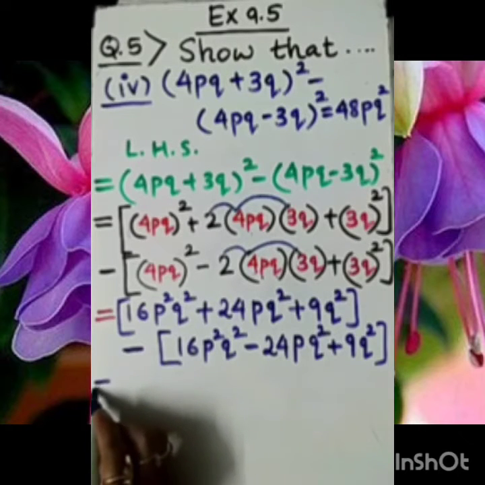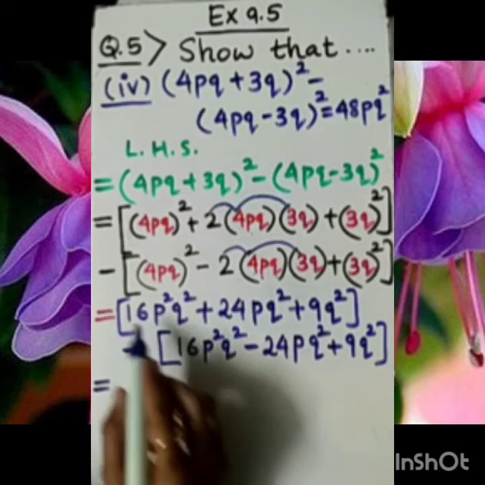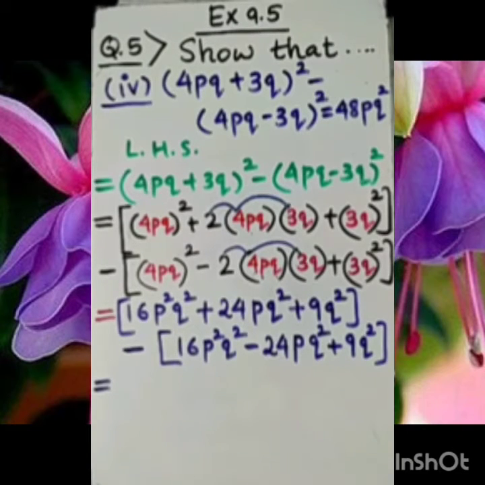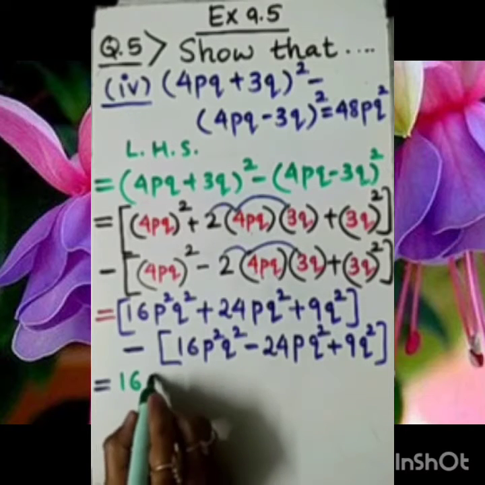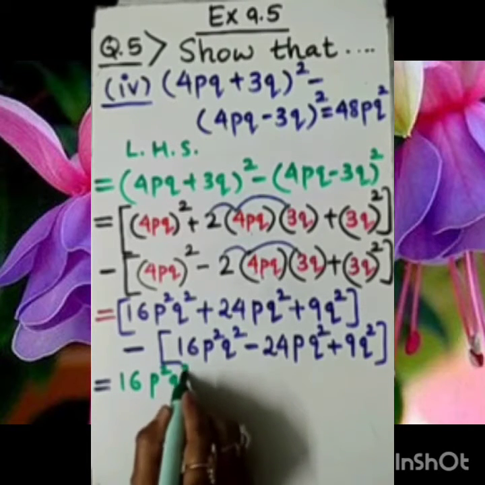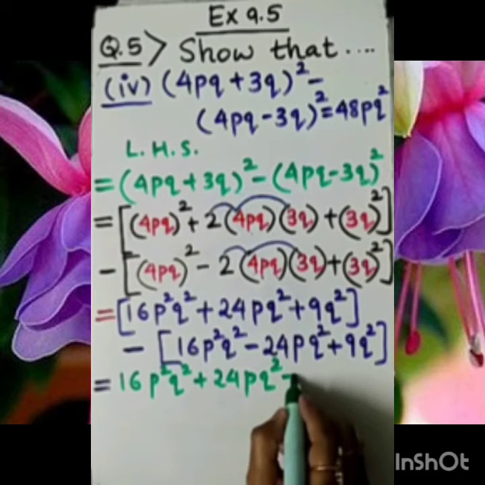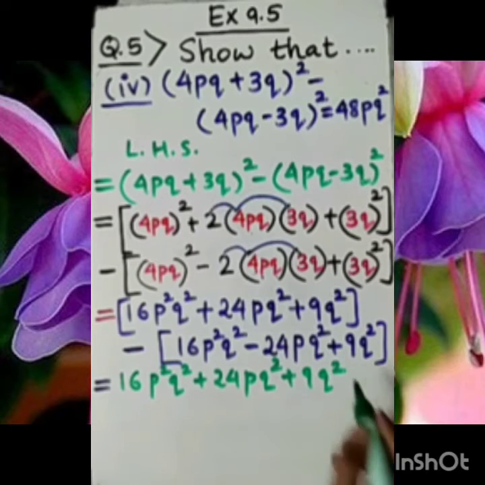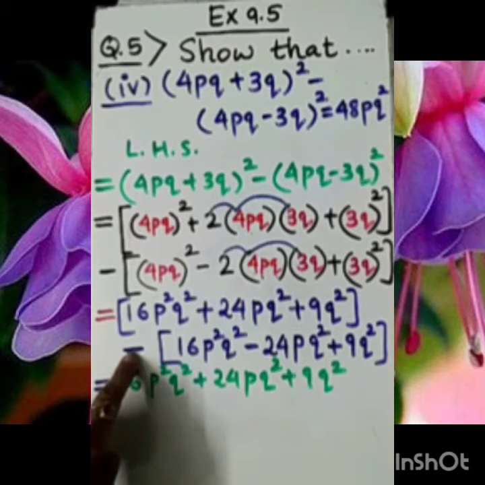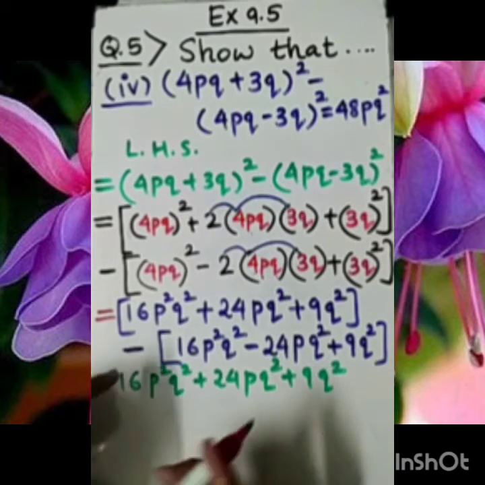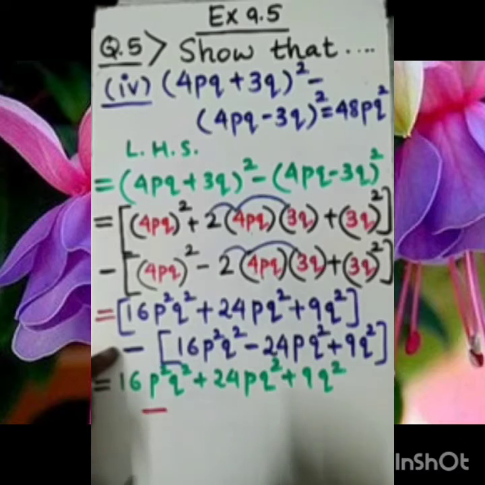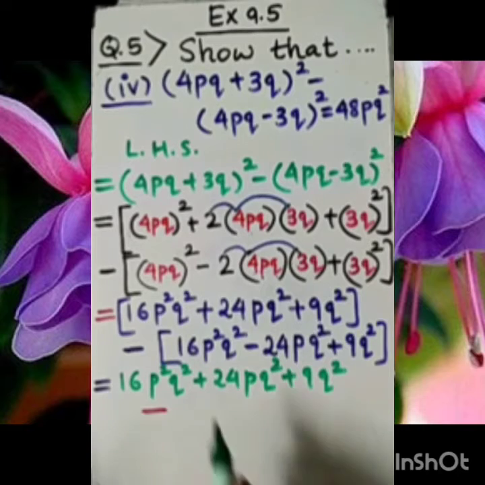Let me open the bracket now. So, the first bracket, whatever is with us, remains the same. Let me write what we have in the first bracket: 16 p square q square plus 24 pq square plus 9q square. This is the first bracket. Now, because here it is a minus sign, I am writing minus, and I need to change the sign of all the terms present inside the bracket.